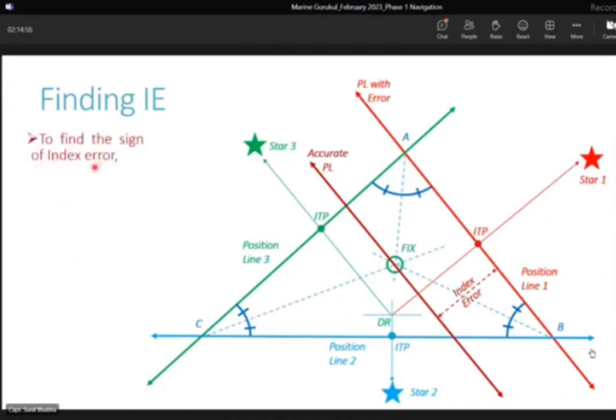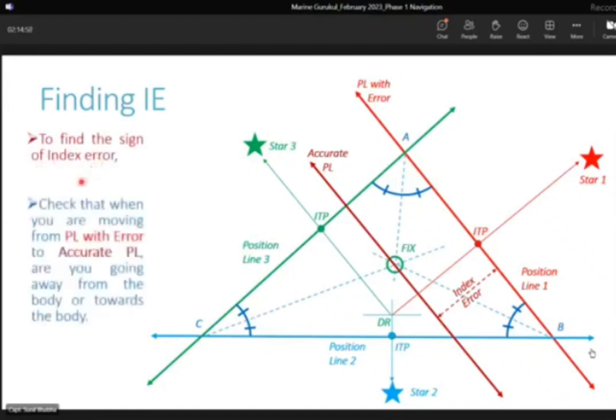Now to find the sign of the index error, we have to check that when we are moving from the wrong PL, by wrong PL I mean the PL having error, which in our case is the red position line which formed one side of the triangle, to the accurate PL.